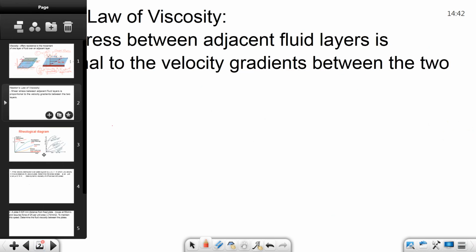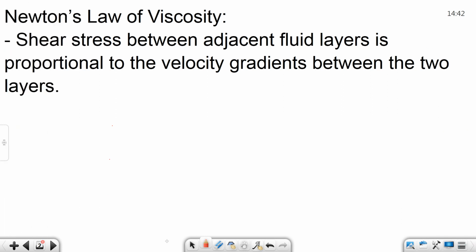So now here we discussed in detail that shear stress tau is directly proportional to velocity gradient du by dy, means change in velocity with respect to thickness of the fluid layer. Then to remove the proportionality sign, I need to use a constant of proportionality, which is called mu.